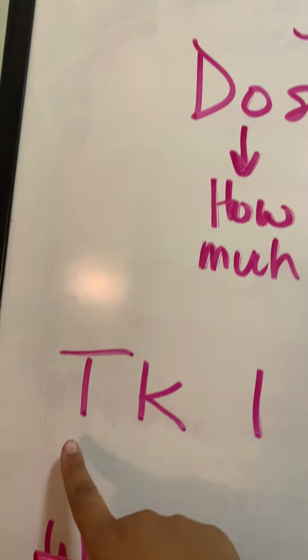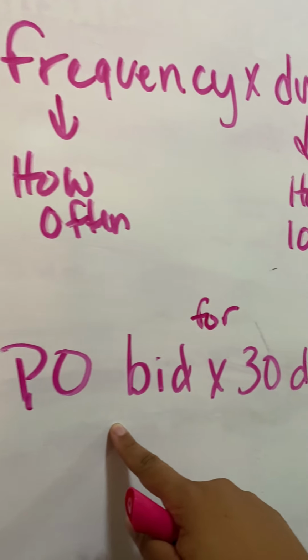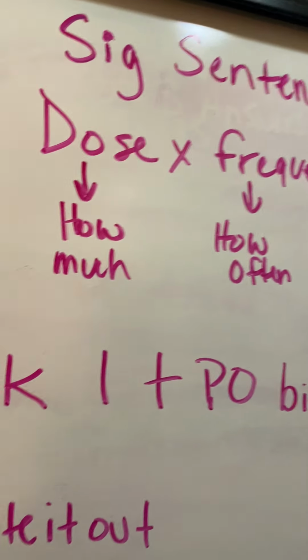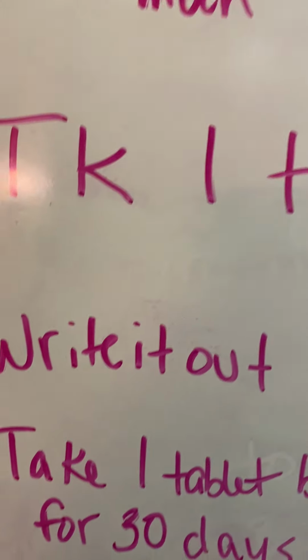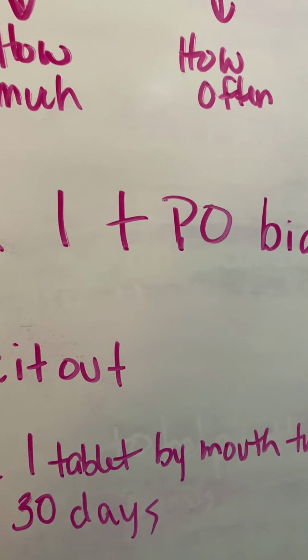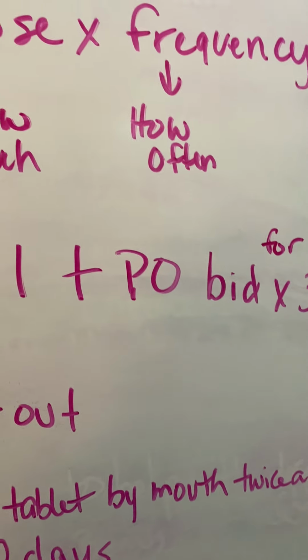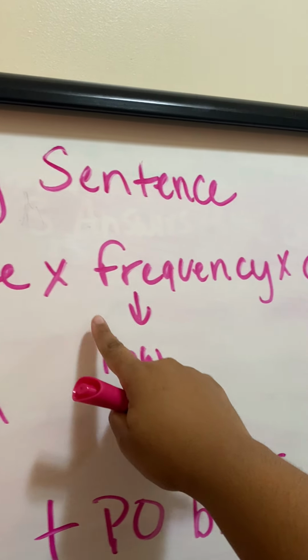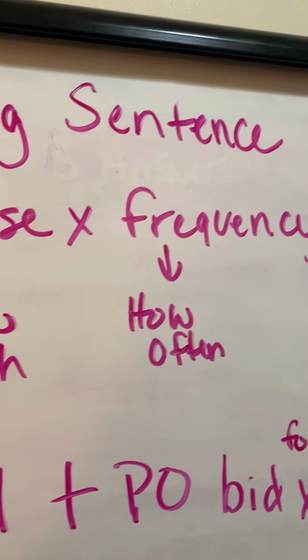After you're able to successfully transcribe a SIG sentence, that is when you come into solving how much medication we need to give the patient. So from this, we need to determine how many pills we have to give the patient based on the order. And that is where the formula dose times frequency times duration comes in.